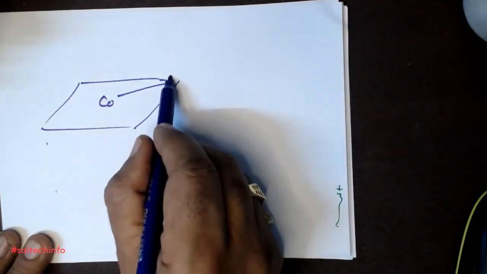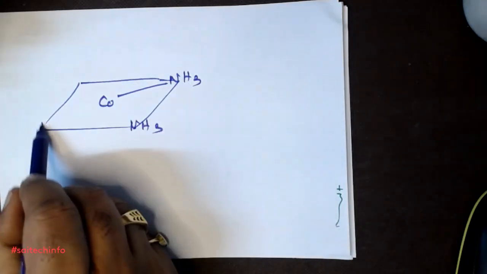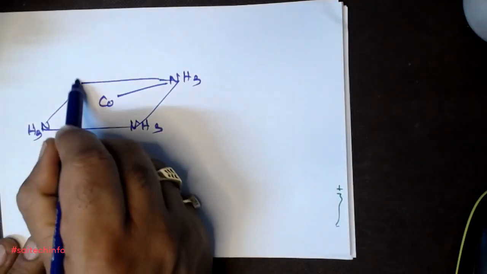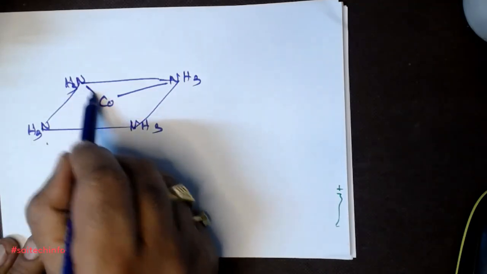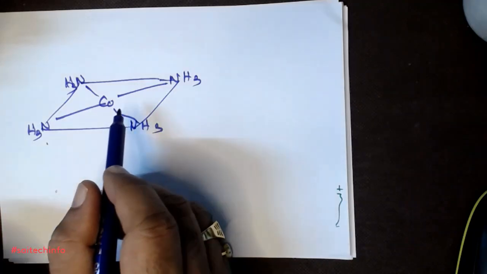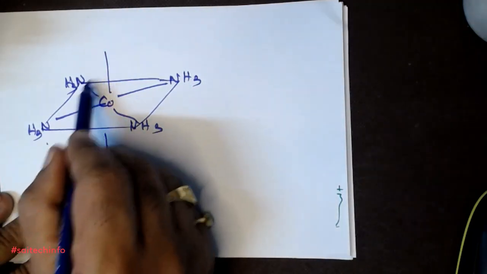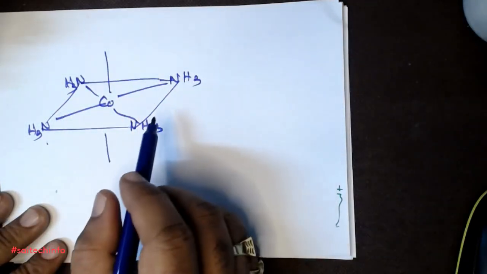You have one NH3 here, another NH3 here, another NH3 here, another NH3 here. Cobalt is centrally located, and that's why it's called the central metal atom, and then above and below the plane. So this is a square planar bipyramidal structure, that is octahedral structure.